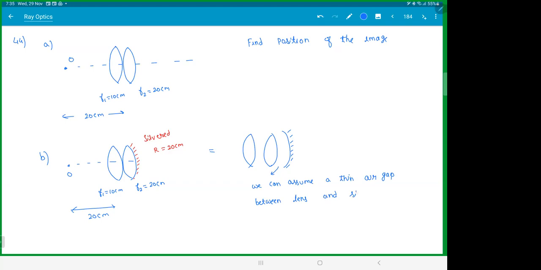So basically it becomes like two lenses and one mirror. Let's get this thing. First find the focal length in both the cases and find the images. First case is just two lenses. Second case, there is a lens and a mirror.